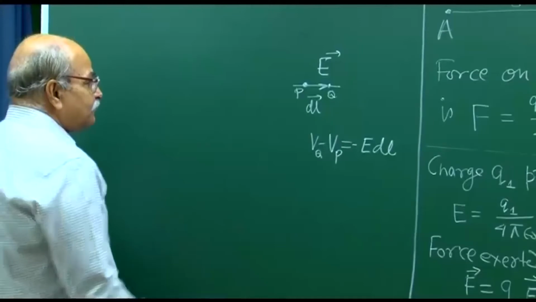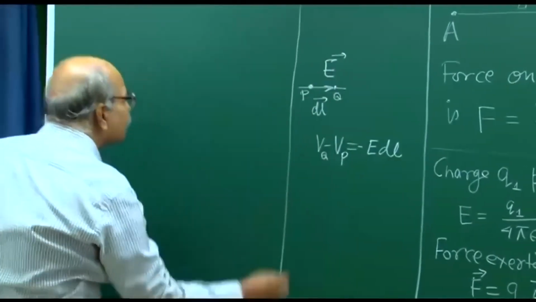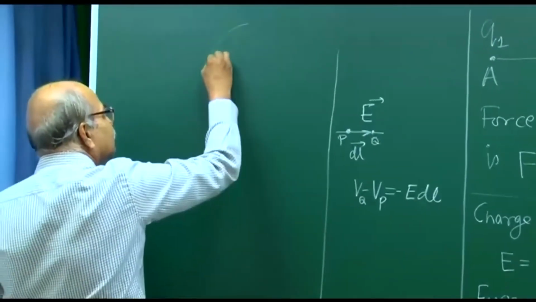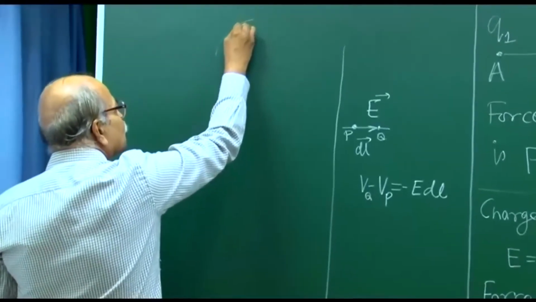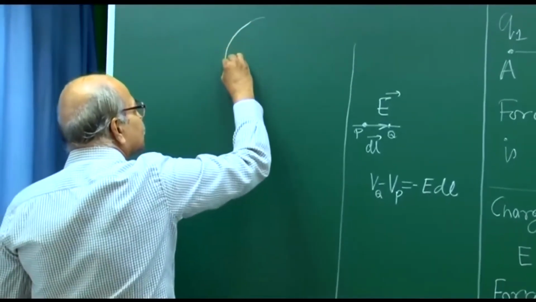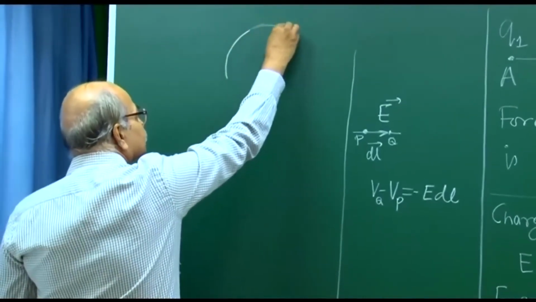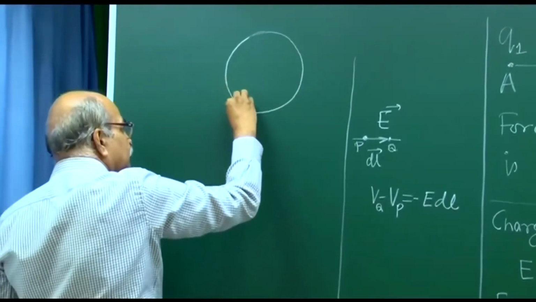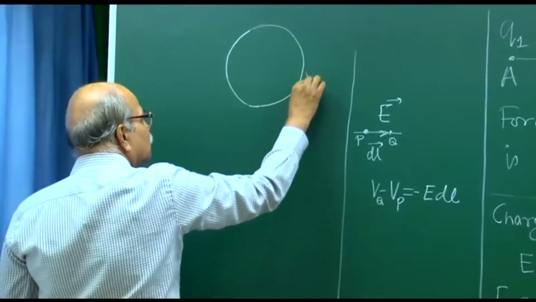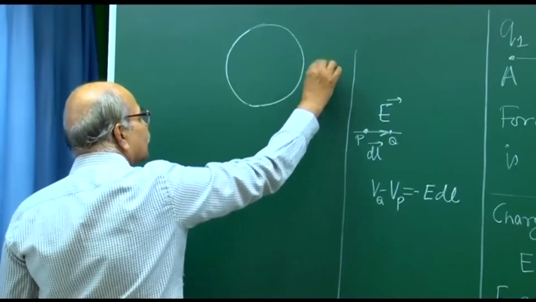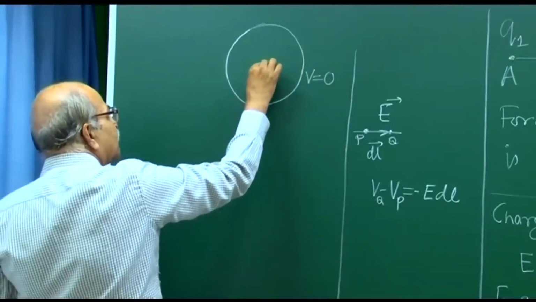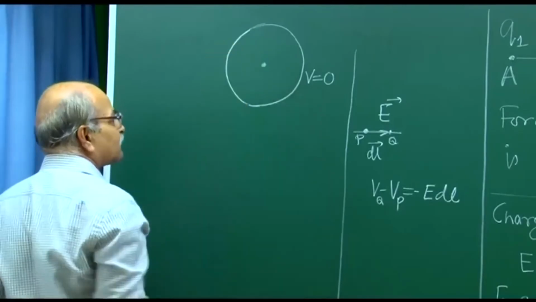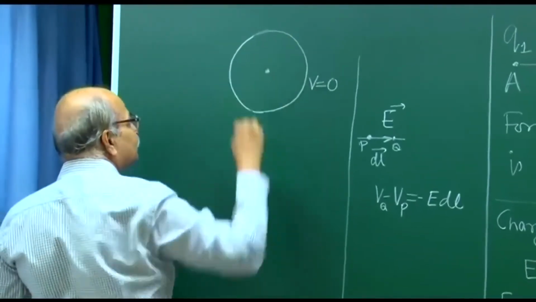So, what we had? We had an aluminum ring here which I assume to be at 0 potential. Then in the middle I put that positive end of the battery. So, there is some higher potential here.